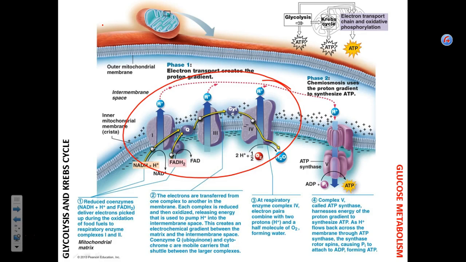That pumping creates an electrochemical gradient of hydrogen ions. Hydrogens diffuse back across the inner mitochondrial membrane through the ATP synthase, and kinetic energy of diffusion is converted to the energy of chemical bonds in ATP.